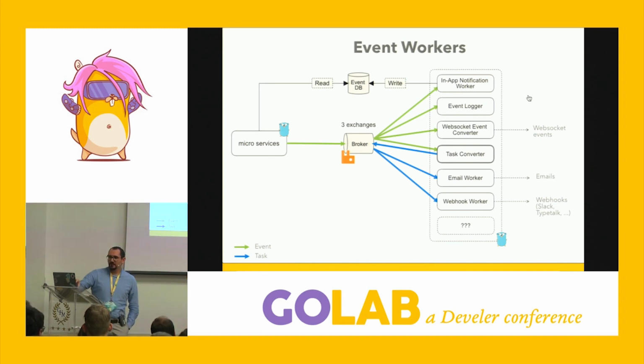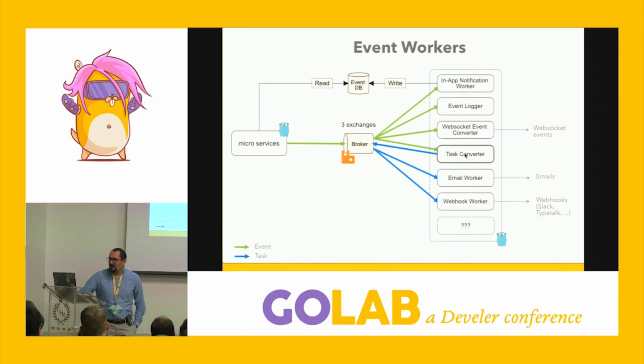So basically what we do is that every microservice builds a payload, which is the Go code generated using the proto compiler. And it puts inside this payload all the information that we might need in this event, and then it posts it to RabbitMQ. And then in this case we have 4 event workers, which are going to read these events and do whatever they need to do with that.